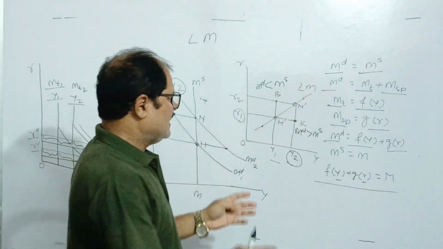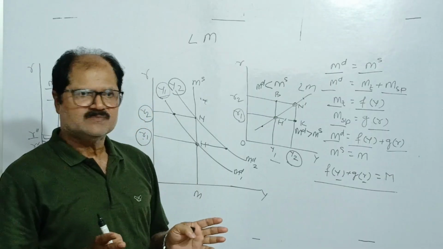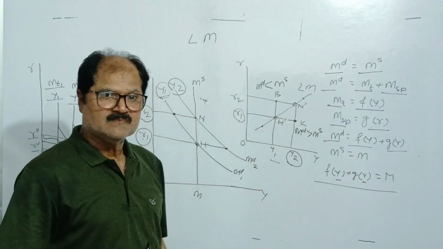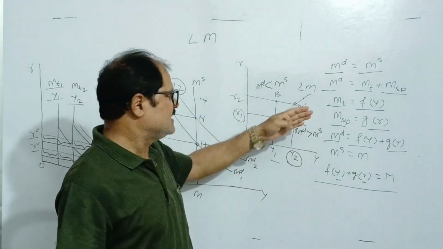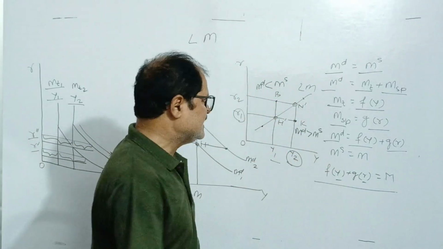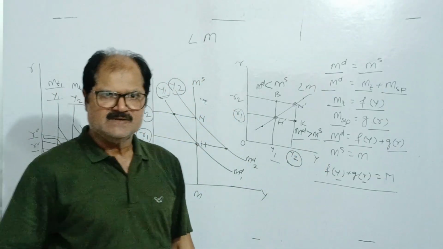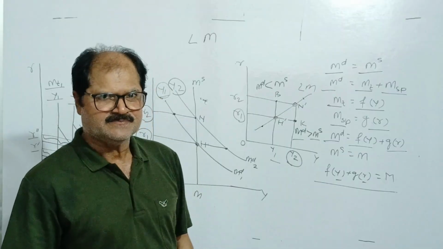So, at any point off the LM curve, money market comes in disequilibrium. When we are at a point which lies below the LM curve, then demand for money is greater than supply of money. That is, there is excess demand in the money market.